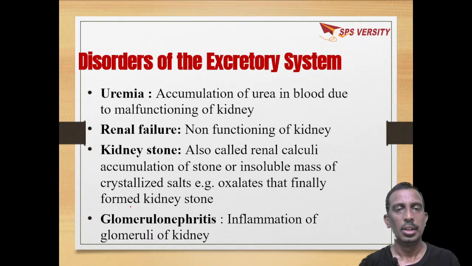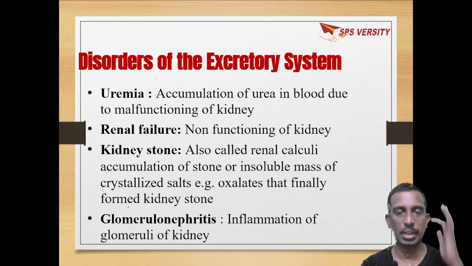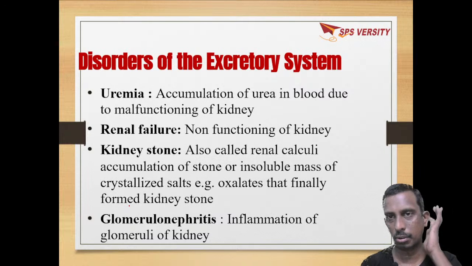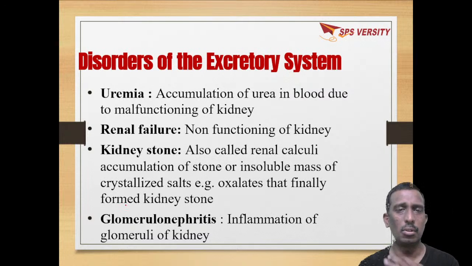Okay. So till now we have discussed the role of kidneys, nephron and their hormonal regulation, as well as the other organs which are involved. So now we are going to discuss the disorders of the excretory system.